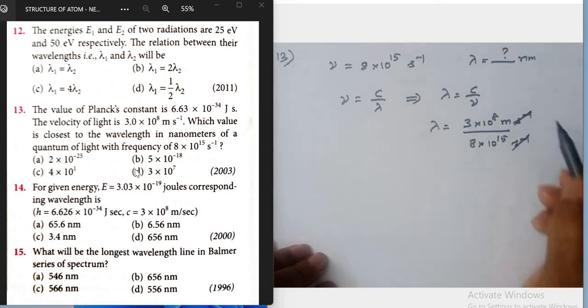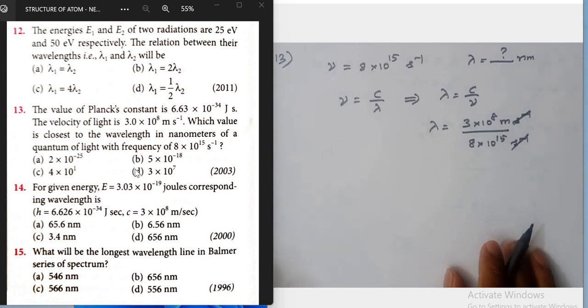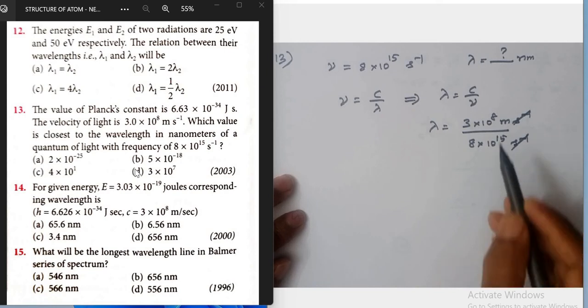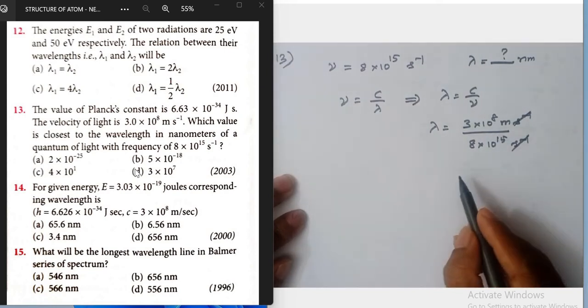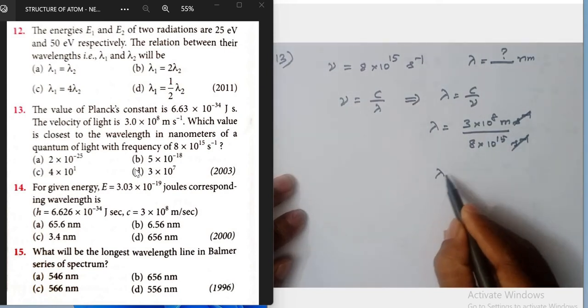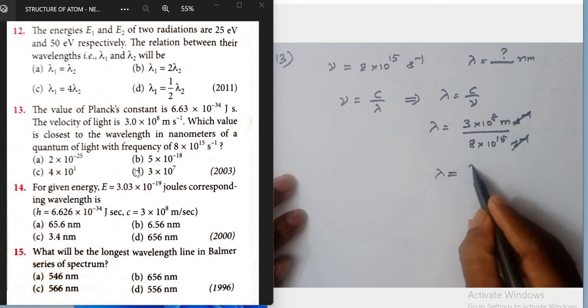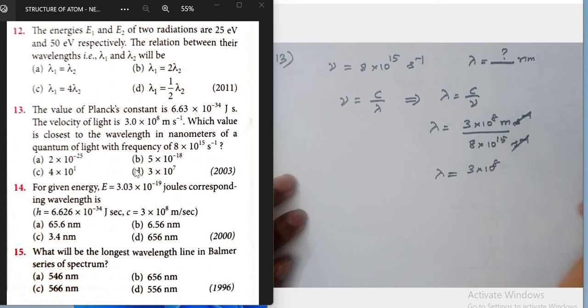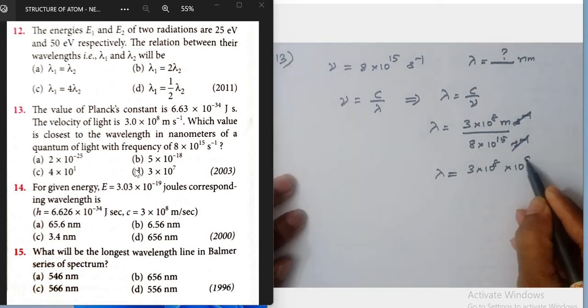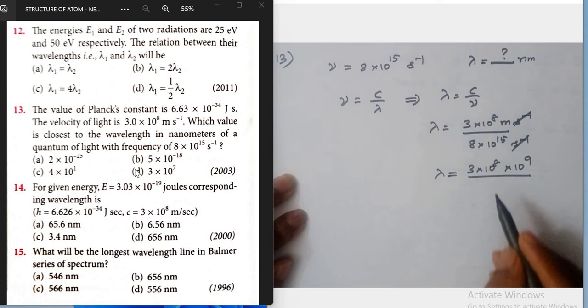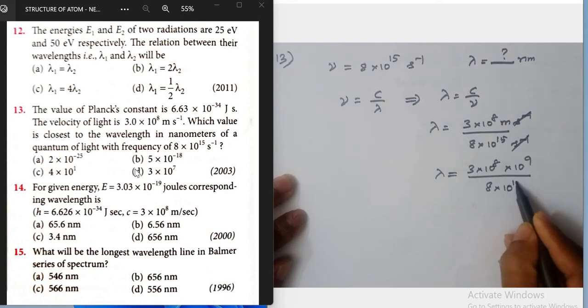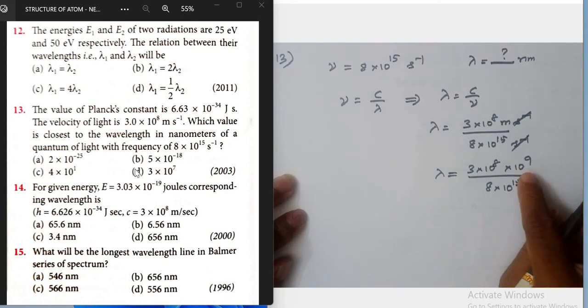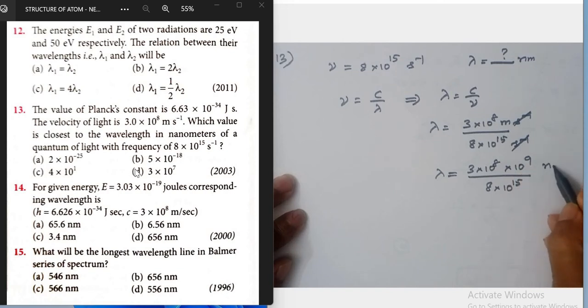Second inverse cancels, so you will get 3 by 8 into, if you simplify this, and one more thing, they are asking wavelength in nanometer, but in the numerator we have meter. To convert meter into nanometer, you should multiply this by 10 power 9. I'll keep the denominator as such, and multiply the numerator by 10 power 9 so that you get the wavelength in nanometers.